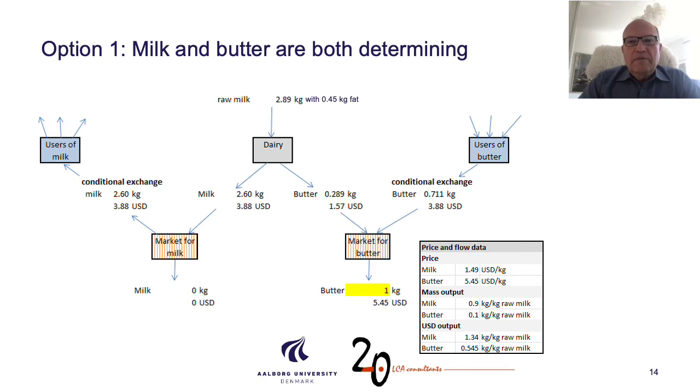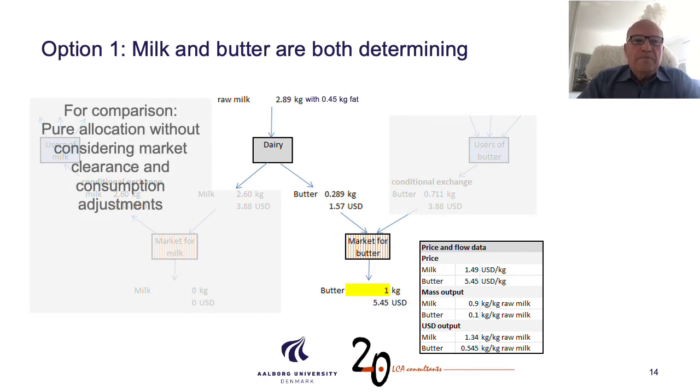This can, in a way, be compared to a pure allocation that does not consider these issues of market clearance and adjustments in consumption. So the typical allocation or partitioning of the dairy for butter and milk would mean that our demand for 1 kilogram of butter would lead to an increase in raw milk of 2.89 kilograms that produces 0.289 kilograms of butter.